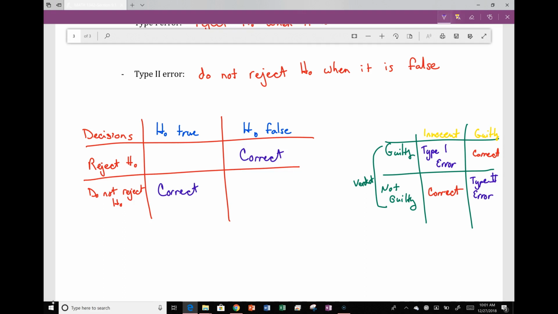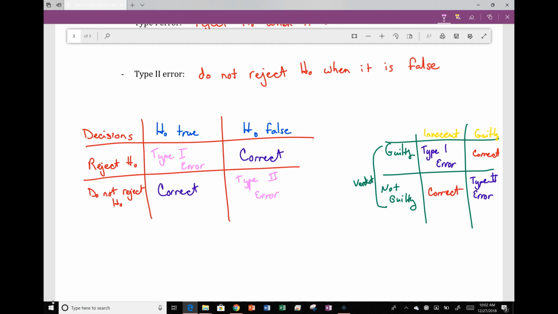And then with our types of errors, we have the type 1 error and the type 2 error. And so you can look at this again with hypothesis testing or the court of law, but when we reject it, that's saying it's false. We do not reject it, that means that we're saying that the null hypothesis is true.